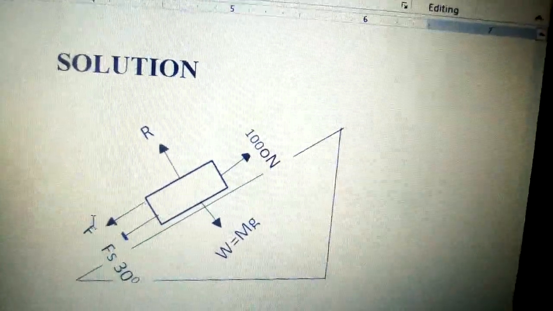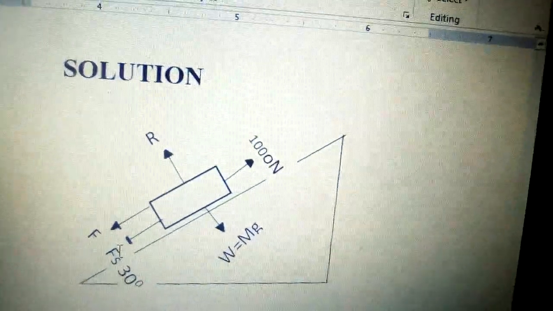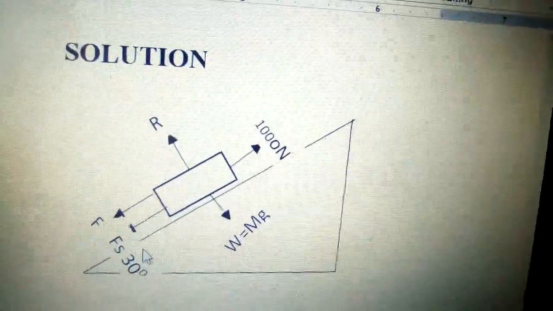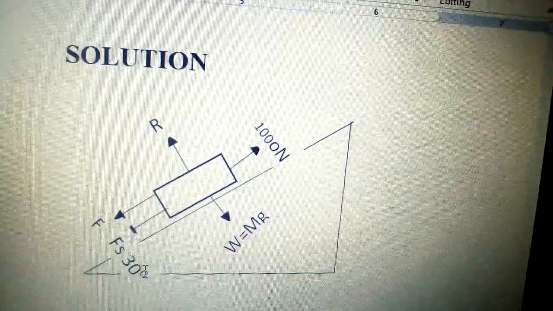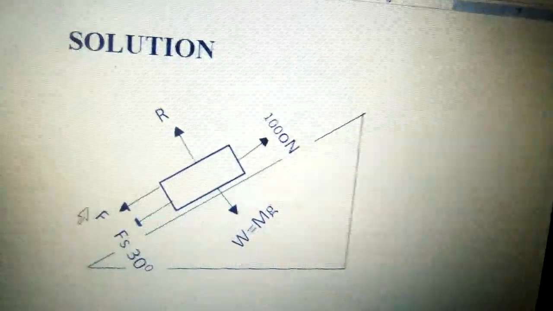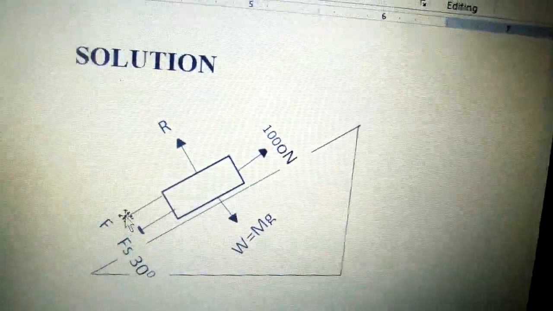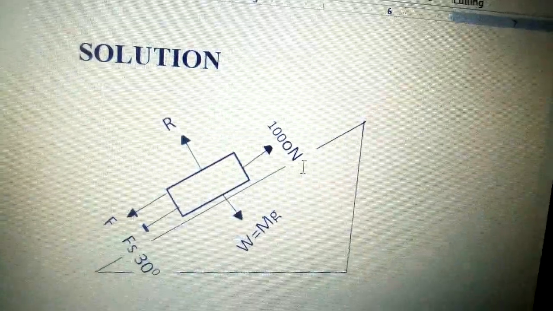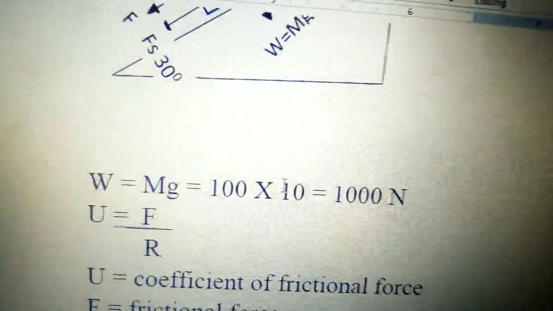F represents the frictional force, while Fs represents the sliding force. The angle of the inclined plane to the horizontal is 30 degrees. The forces that oppose the motion are the sliding force plus the frictional force. The sum of these two forces is the force that opposes the motion of the device on the plane.